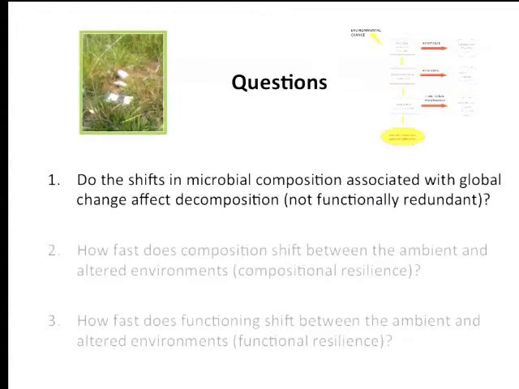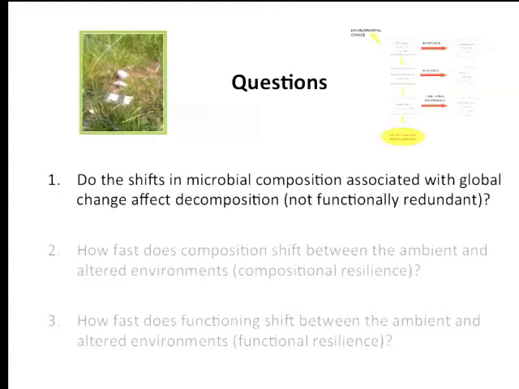So the first question I'm going to ask is whether or not the shifts in microbial community composition associated with drought, so do shifts in microbial composition associated, in this case, with drought, do they affect decomposition?